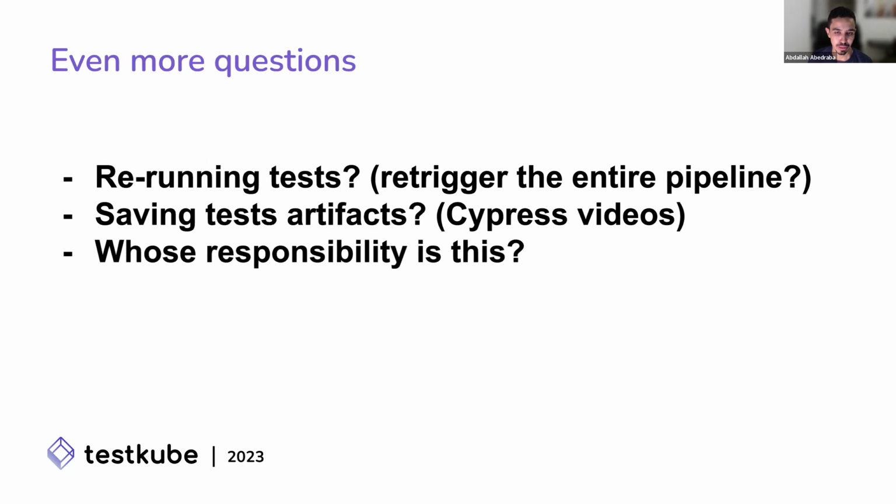And you're just adding more complexity. And finally, whose responsibility is the whole thing? If I wanted to add a new test, does my QA team need to go to the DevOps team? Is this a workflow that works in an agile environment? So these are most of the questions that we were asking ourselves when we were trying to build a solution for it.